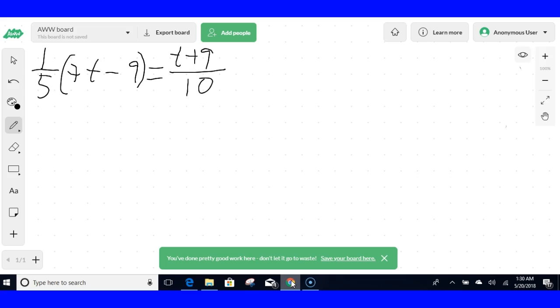Again, we can multiply both sides by 10. We do that so we can clear the fraction. That leaves me with 2.